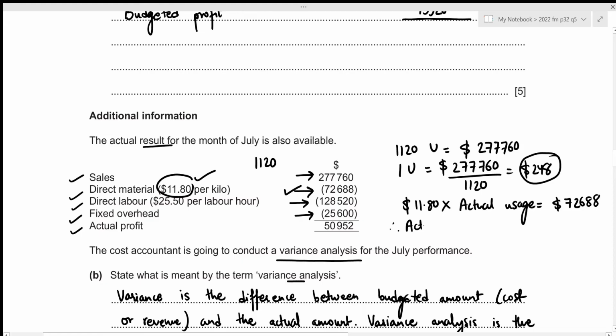So now we can easily figure out the actual uses. That is just going to be 72,688 divided by 11.80, which results in 6,160. So this is the total number of kgs of direct materials that we utilize for our actual production.